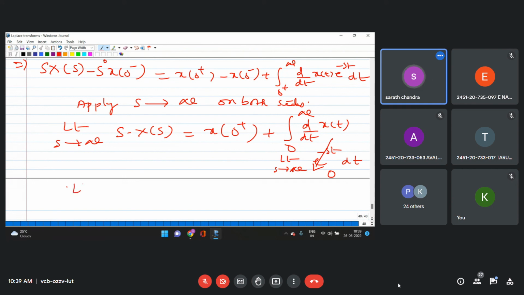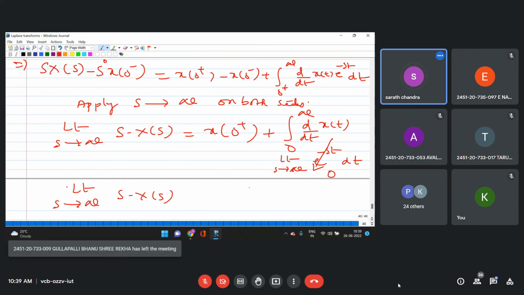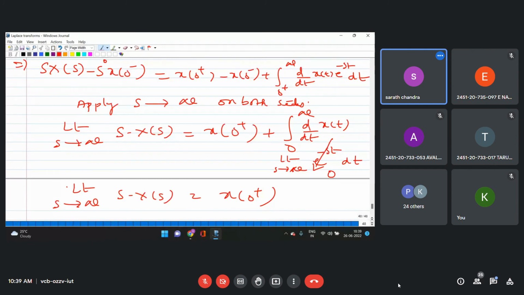So limit s tending to infinity of s into x of s equals x of 0 plus. This is the proof we have here. Got it?